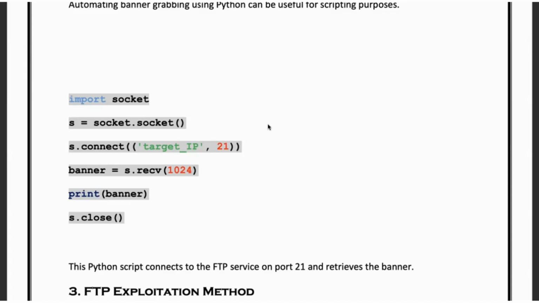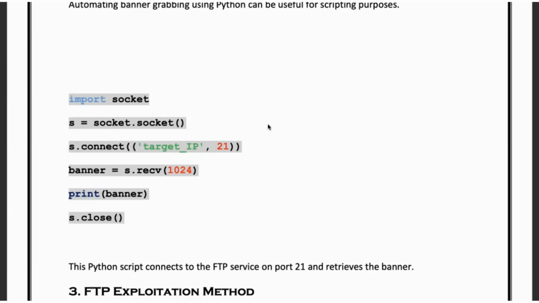we know that FTP is running on port number 21 by default. But what developers sometimes do, they want the attacker to not guess the correct port. So they will basically run the service on a different port number. That's why we have Nmap to scan the complete range of ports.